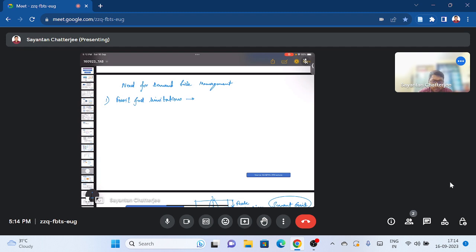So to increase the span of usability of these fossil fuels, demand side management needs to be done on the basis of the smart grid architectural overview.